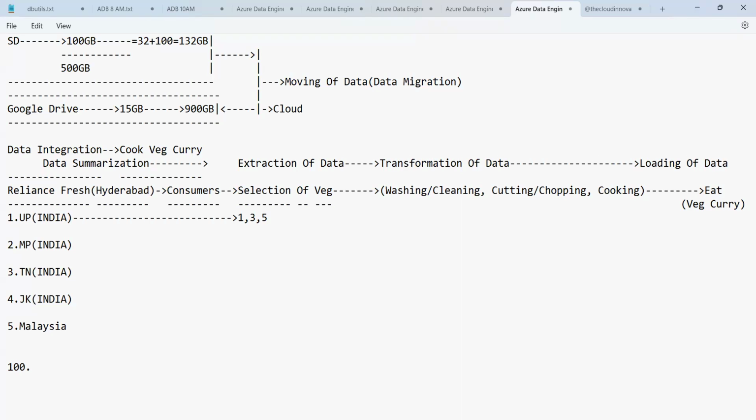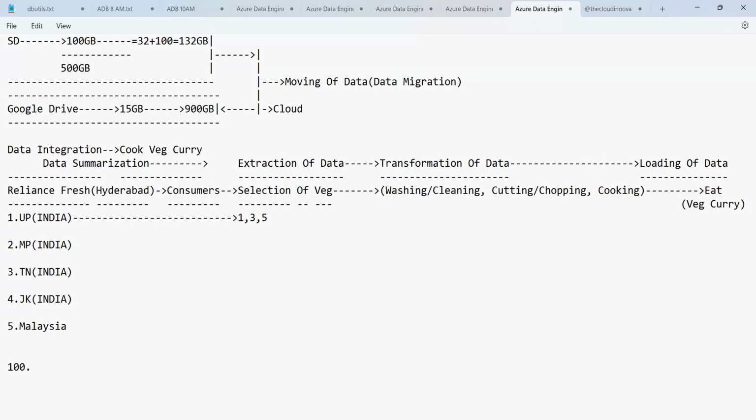Now, these are the three layers we have in this process of data summarization: extraction of data, then transformation of data, and finally loading of data.